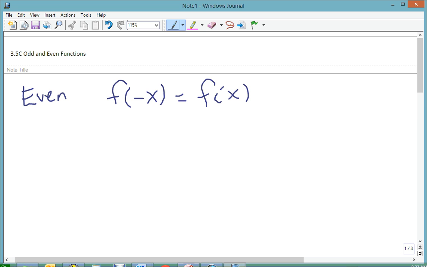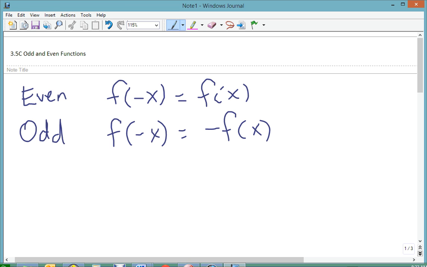So an odd function means that if I plug in negative x, I get the opposite of whatever f of x was. And we already looked at one that was an odd function. That's x cubed, right?